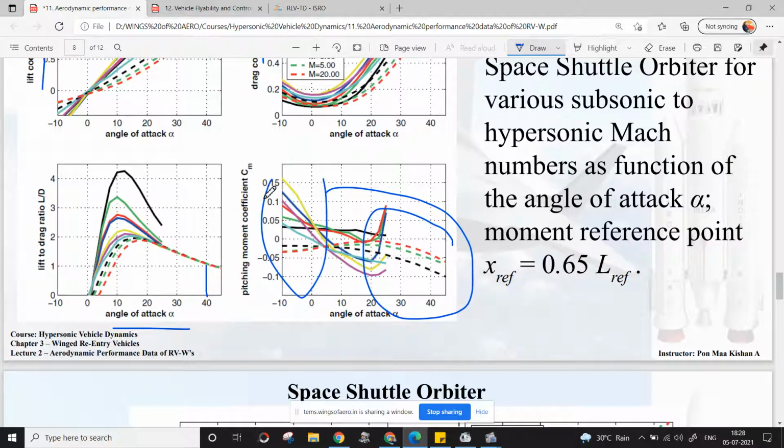Here you can also see this is in the negative angle of attack, which will be used while landing, but while re-entering we are going to experience a negative pitching moment coefficient. So this creates a pitching moment anomaly. We will discuss in the upcoming slides how we are going to rectify this excess pitching moment problem.